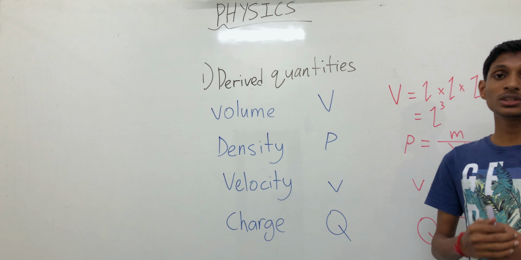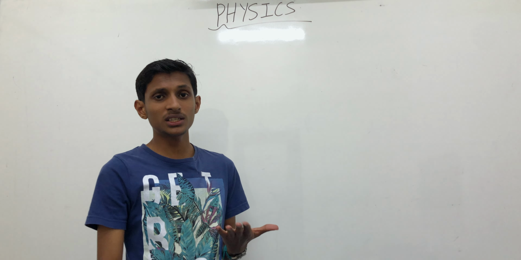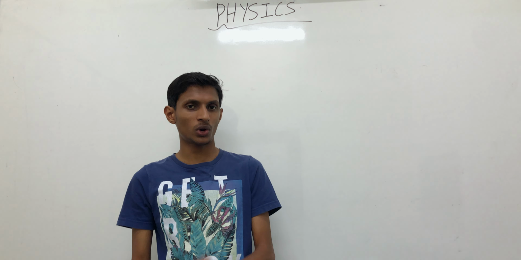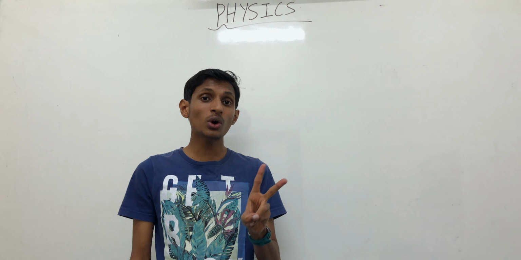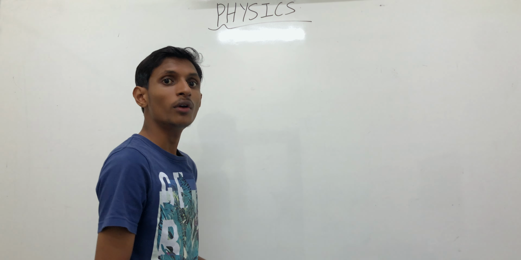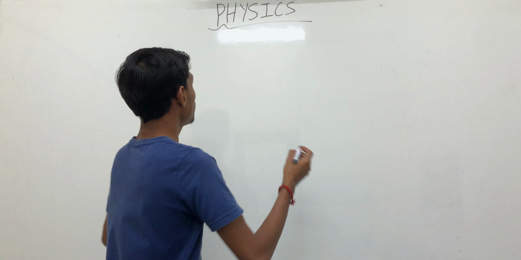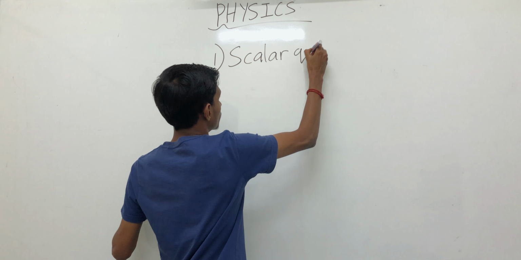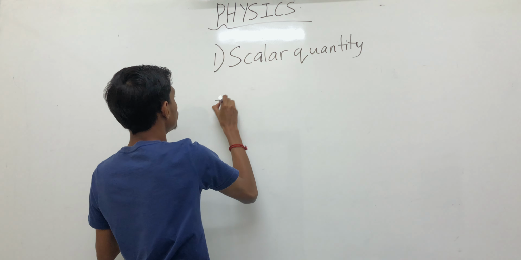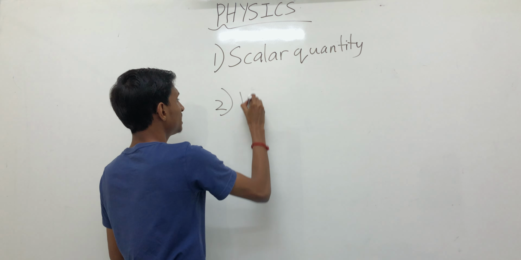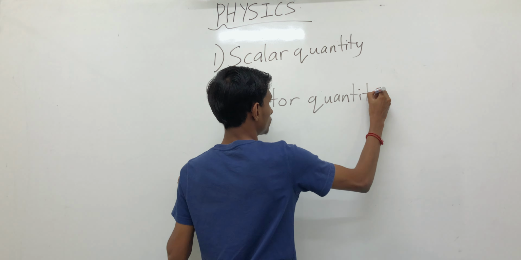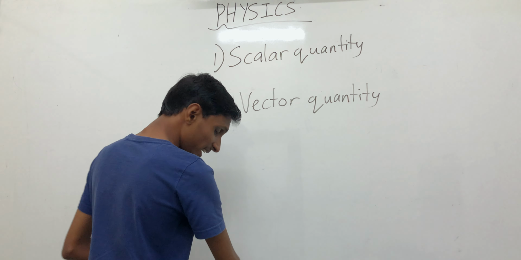Now let's go into another section. We've learned base quantities and derived quantities, which are physical quantities. There are also 2 other quantities that you need to know, which are very, very simple. First is scalar quantity and also vector quantity. Now what does this mean? It's actually pretty easy.